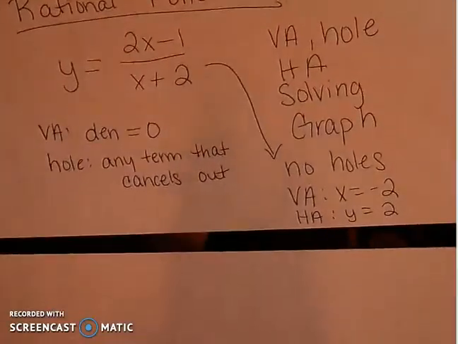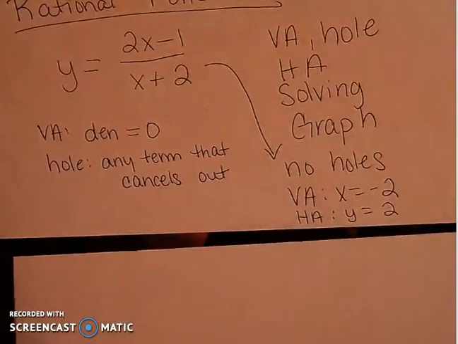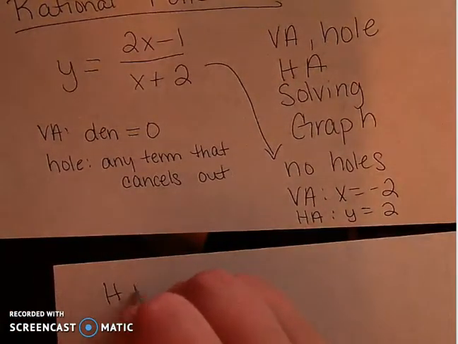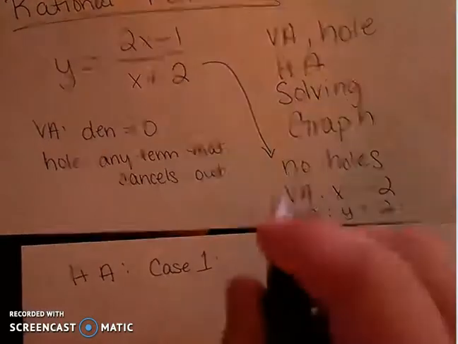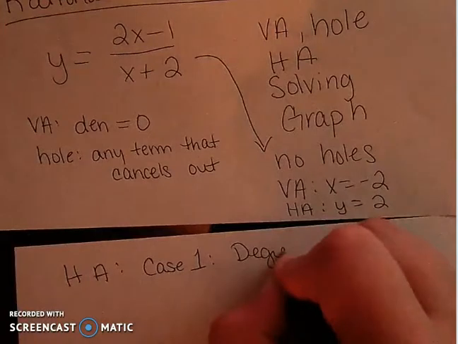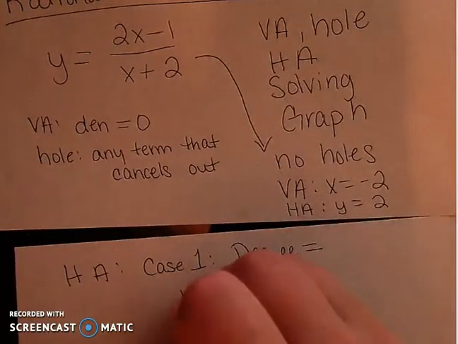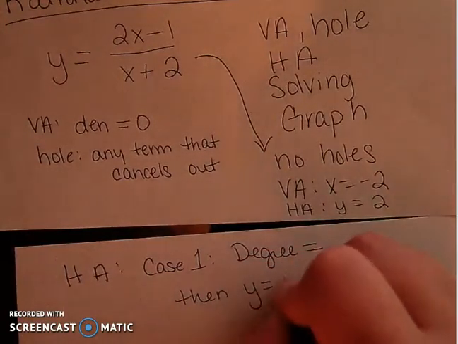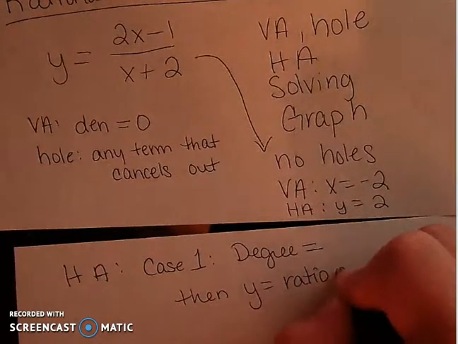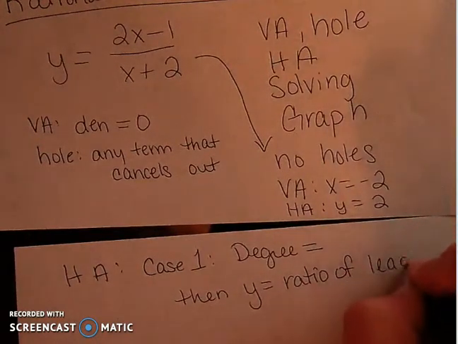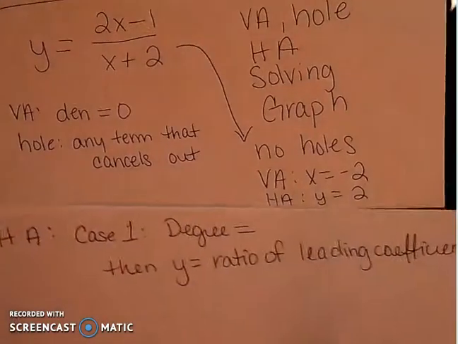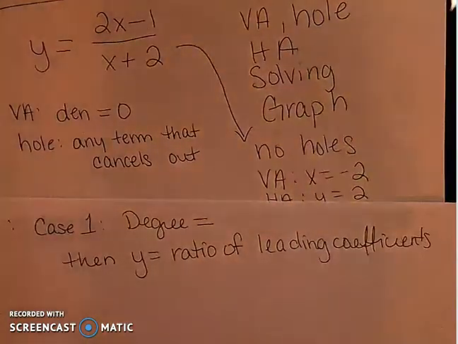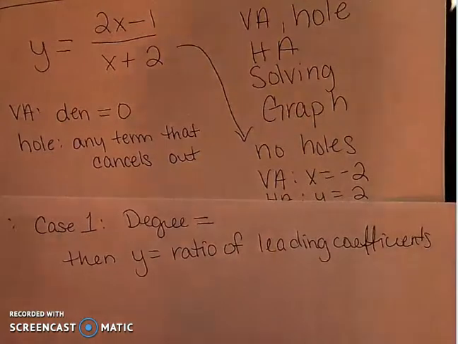If you remember those rules for horizontal asymptotes, case 1, degrees are equal, then y equals the ratio of the leading coefficients to be exact, because you can have a bunch of coefficients, which is our case here with 2x minus 1 and x plus 2.